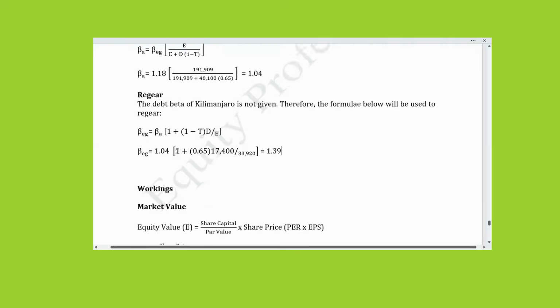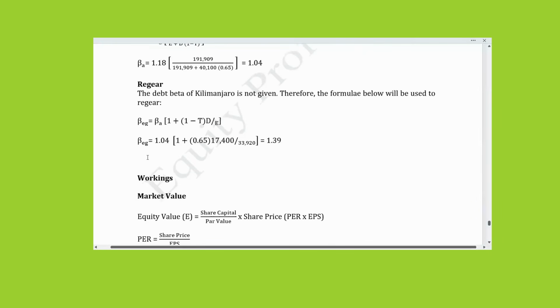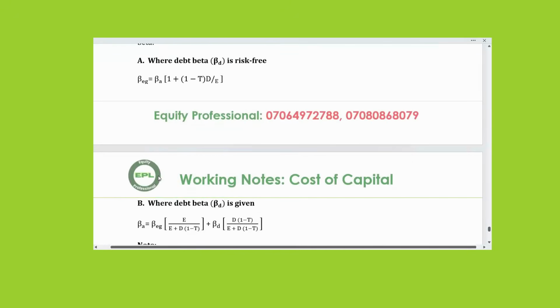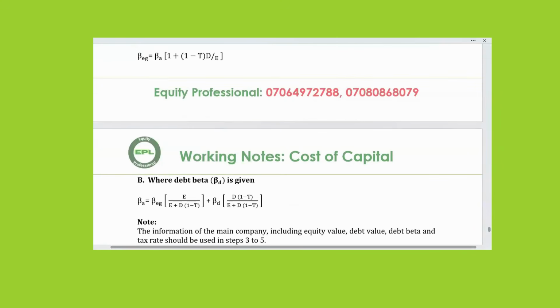Thank you. So step 4 now says we should calculate capital asset pricing model. I will just come here, copy it. That's step 4. I don't need all of this again.